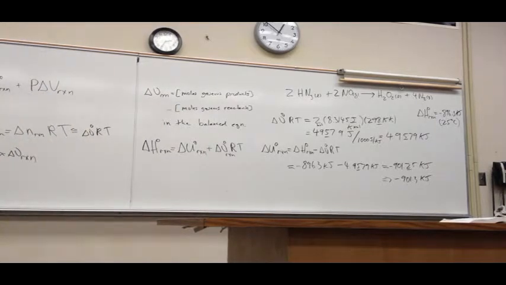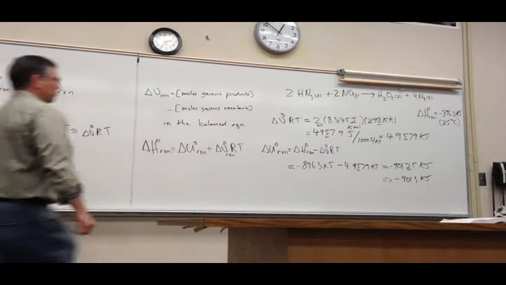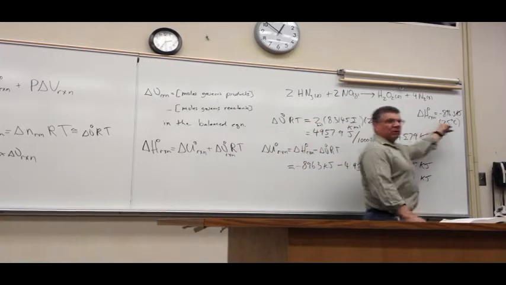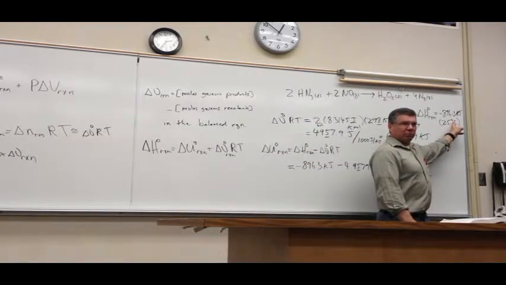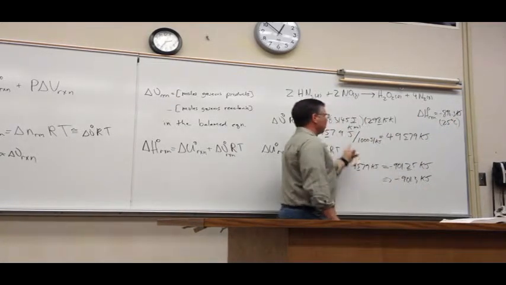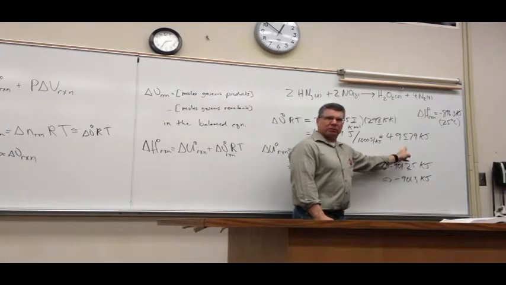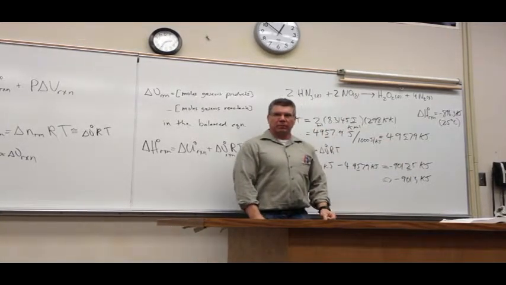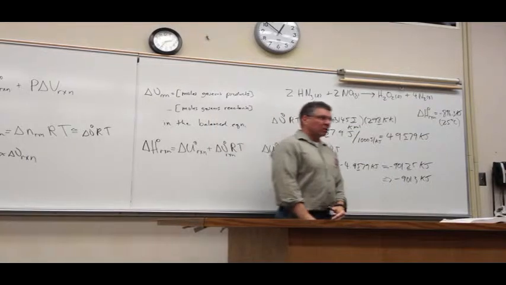There's 2 modes with which energy can be transferred into or out of a system. Delta U equals Q plus W. Thermal energy and work. The energy that's transferred as thermal energy is this much. We're at constant pressure. The amount of energy that's transferred as work is this much. Make sense?